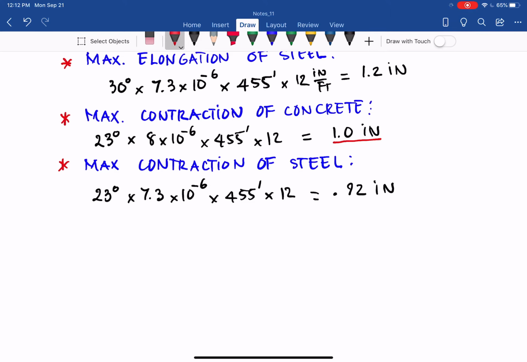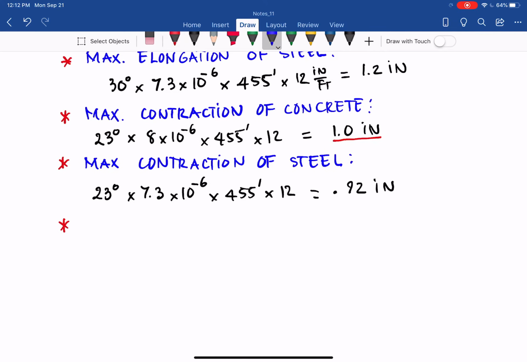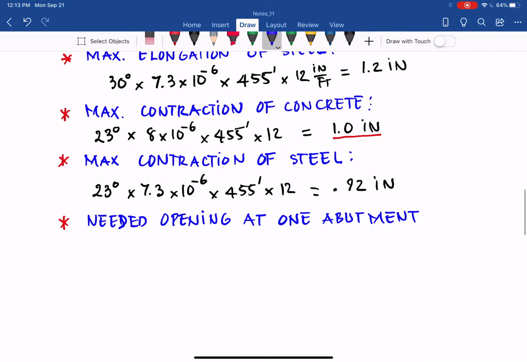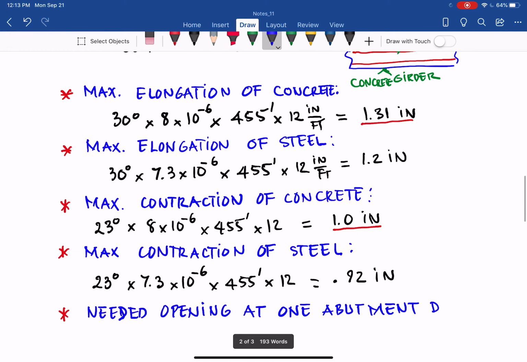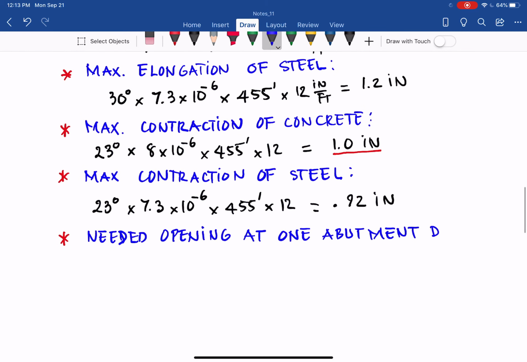So from that we have the needed opening at one abutment due to elongation and contraction, in this case of concrete, because concrete elongates more and contracts more.